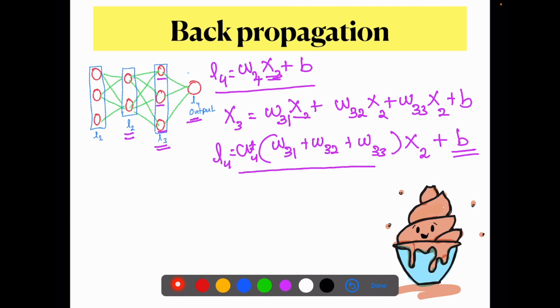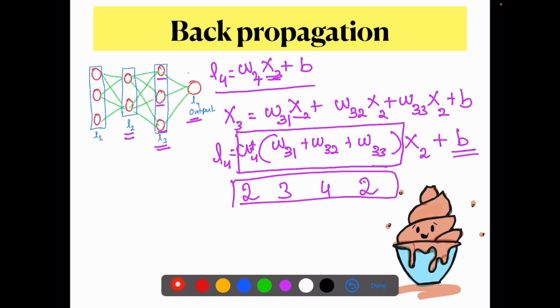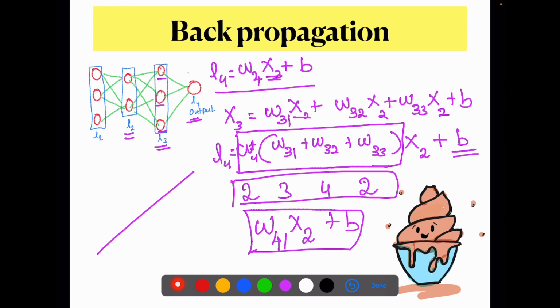And even here, this will be substituted by a constant number, say 2, 3, 4, some random number, let's say 2 again. Then this again will be a constant number. We can consider that as W41, for example, and then X2 plus B, which is again a linear function. The linear function is usually a linear line, right?